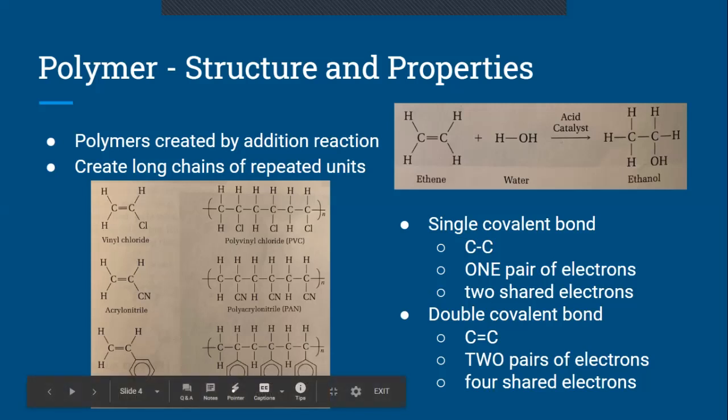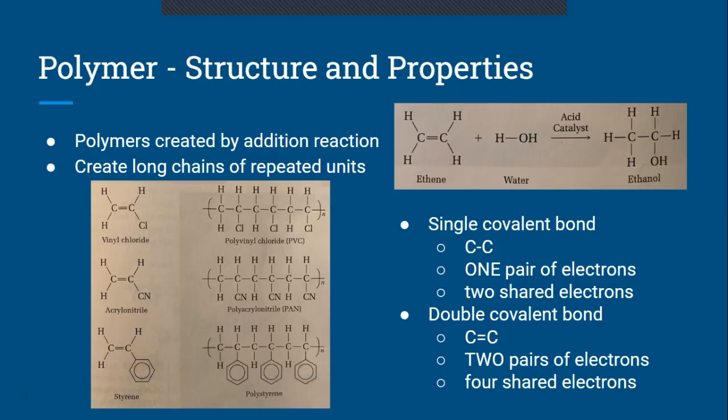So this example here is all the styrene monomers connected to create many styrenes, or polystyrene. And each of these has a different structure, whether it has the chlorine coming off of it, or a CN, which is a cyanide group, or this hexagon with the circle in it, which is a benzene ring. And we're going to talk about what that means as well.